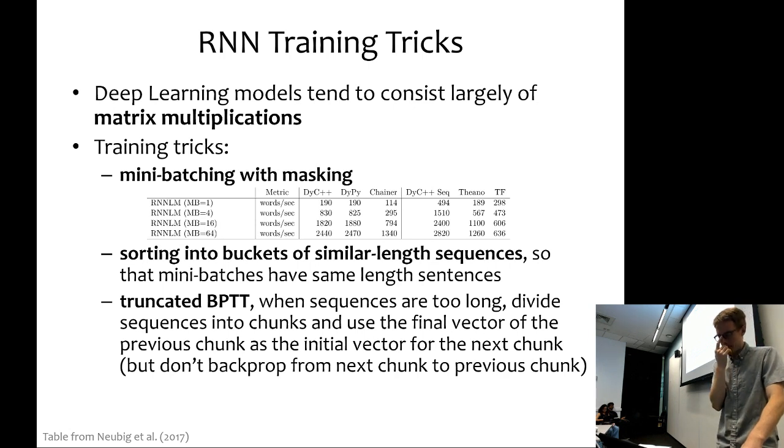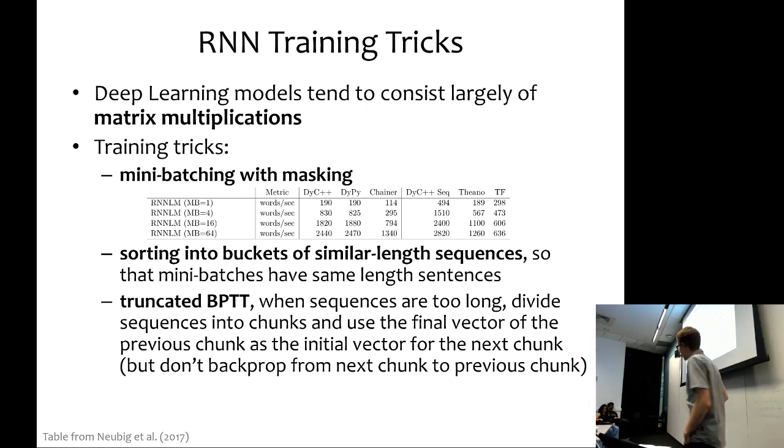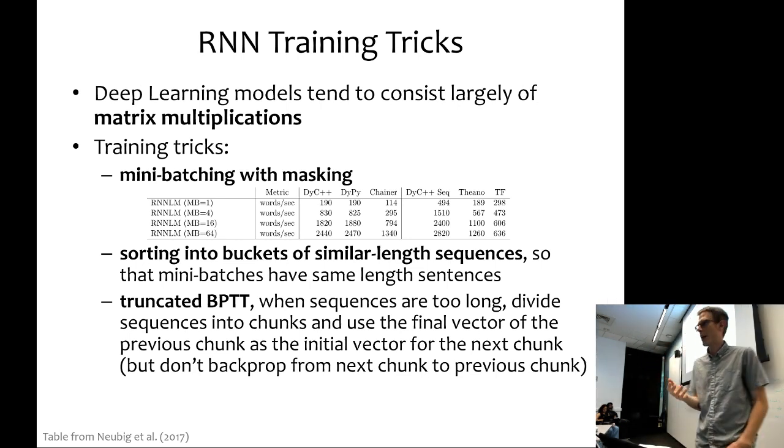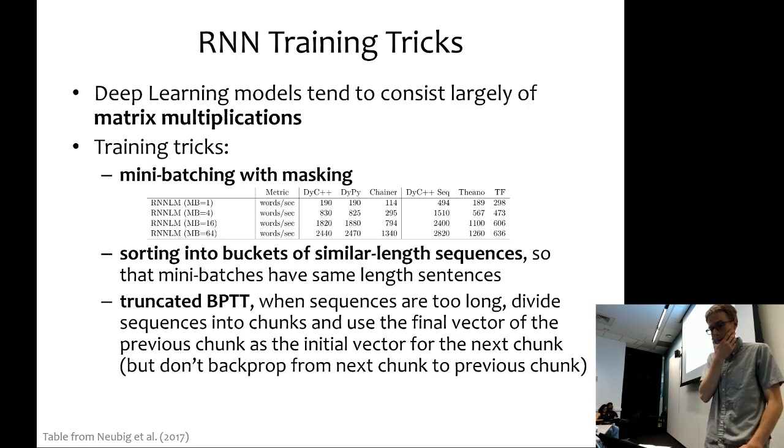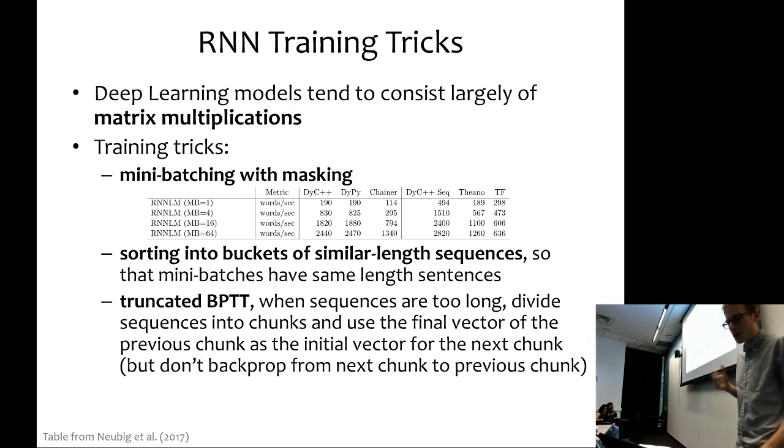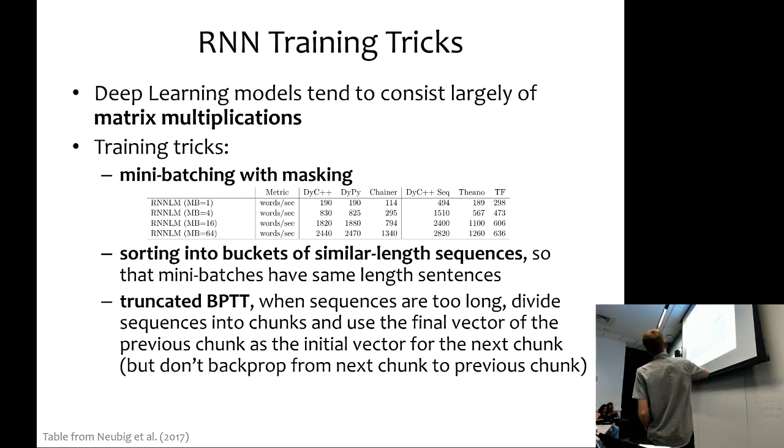Okay, so training RNNs can be a little tricky, and so it's worthwhile to have a few tricks up your sleeve. Essentially all of these tricks extend from the fact that when we're building these models, the key component of them is just matrix multiplication. And so one of the most important of these is mini batching with masking.